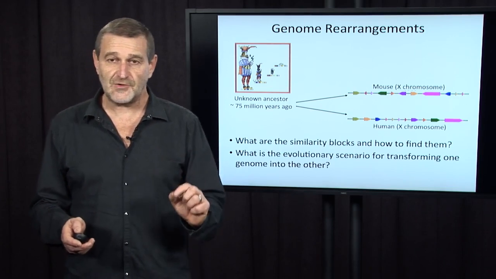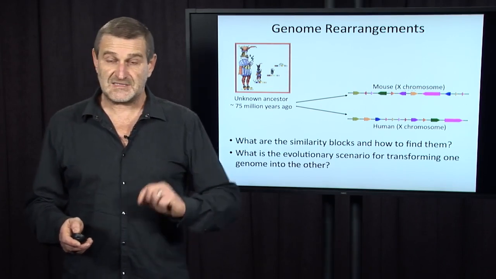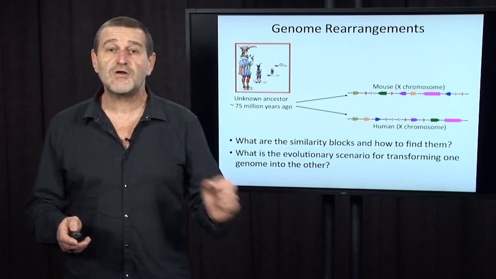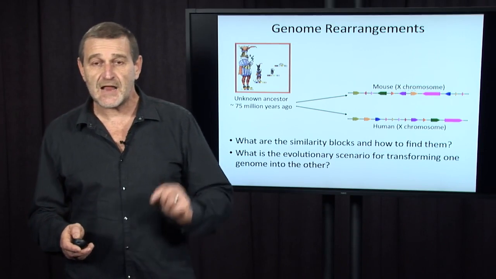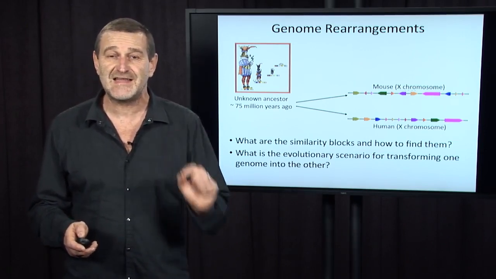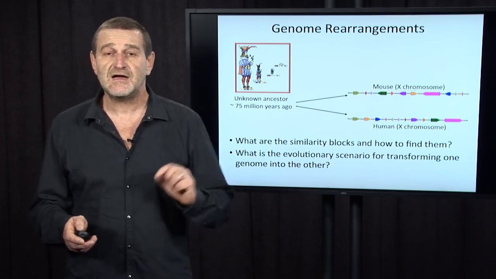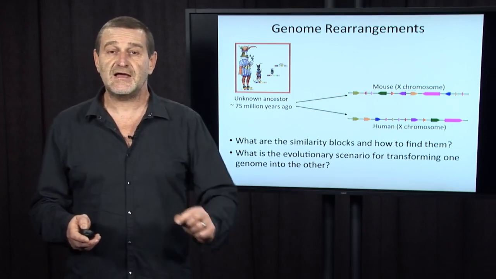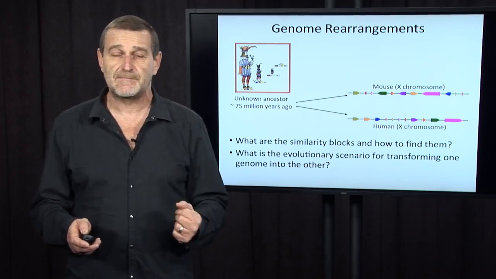And it turned out that human and mouse X chromosomes, despite the fact that they are very long strings, 150 million nucleotides long, can be thought of as just sequences of 11 large segments. Each of these segments may contain hundreds of genes, but within each segment, the genes are very similar.